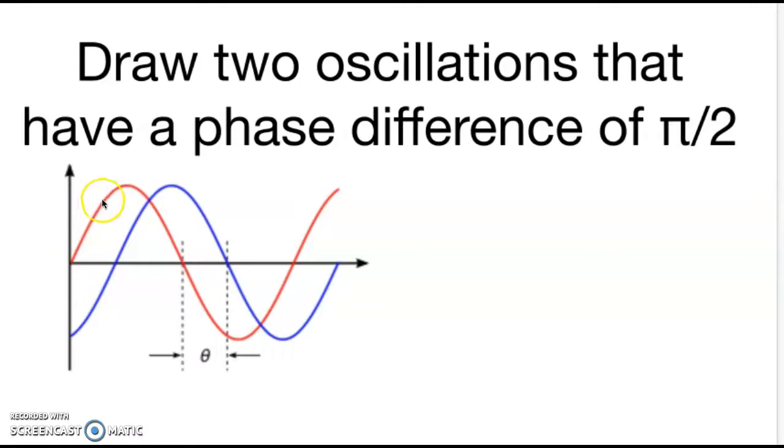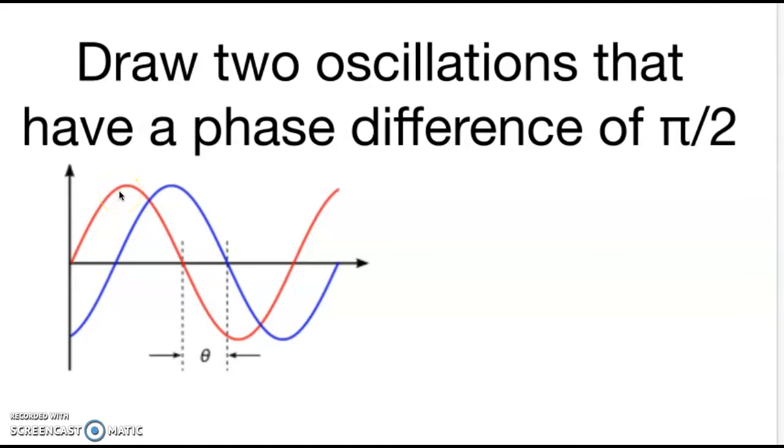An entire cycle would be from there to here, right? A quarter of that would be the equivalent of this section here. Okay, so by saying that the blue wave is out of phase by pi over 2, a quarter of its cycle is out of sync with the red one.